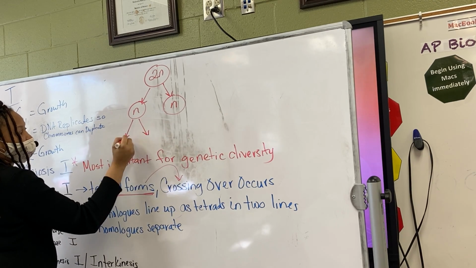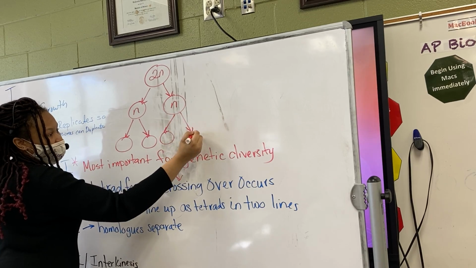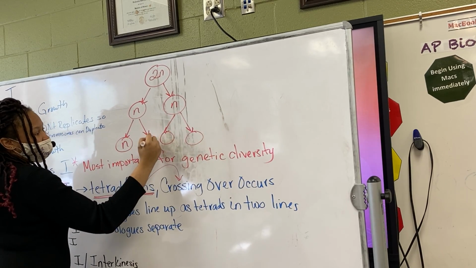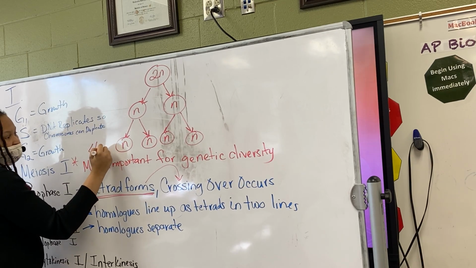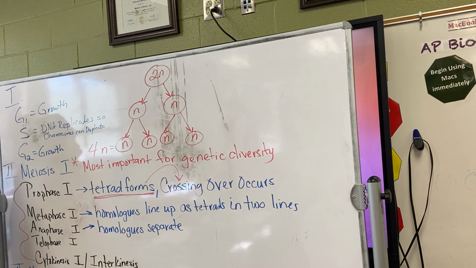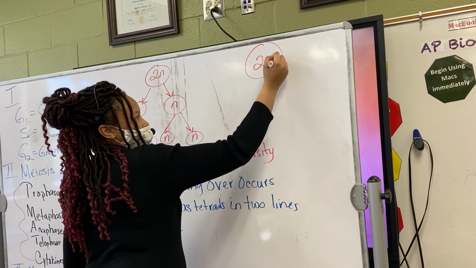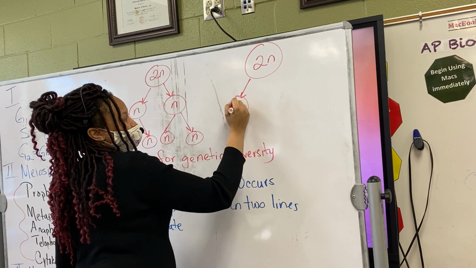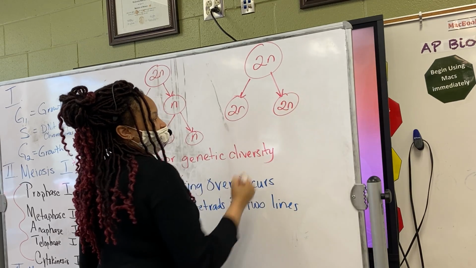And then each one of these divides so that at the end of meiosis, you're going to have 4 haploid cells that are non-identical. Whereas mitosis, you start off with 1 diploid cell, you end with 2 diploid identical cells.